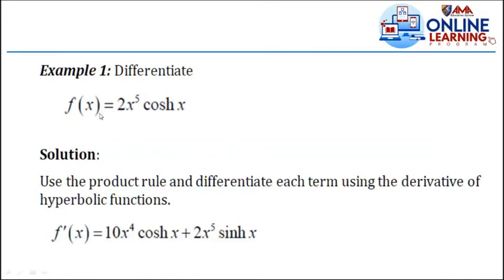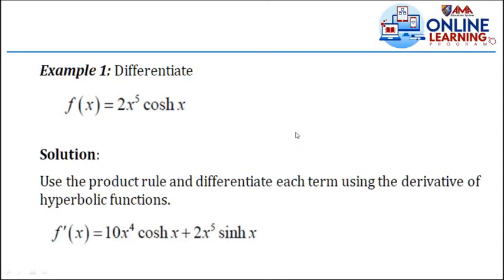Differentiate f of x equal to 2x raised to 5 multiplied by cosine h x. Okay? So solution, use the product rule and differentiate each term using the derivative of hyperbolic functions.